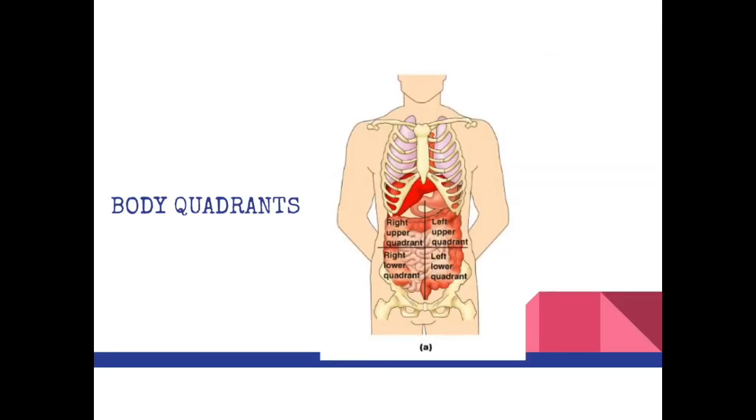We can break the abdominal cavity down into 4 quadrants. So the right upper quadrant, left upper quadrant, right lower quadrant, and left lower quadrant. And notice when you're looking at the diagram, the left on the diagram is opposite of your left because you are looking directly at the diagram.